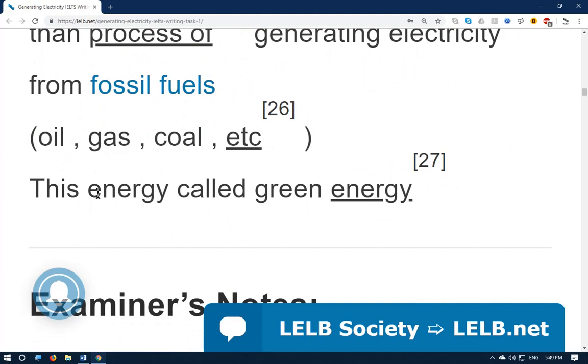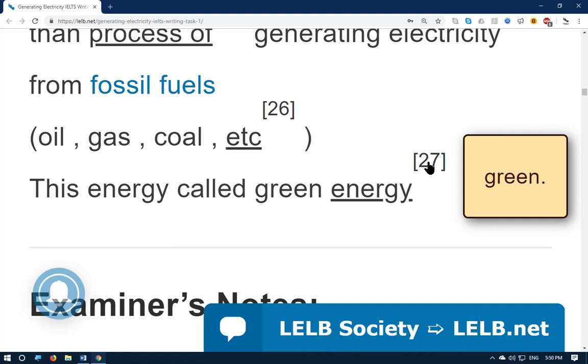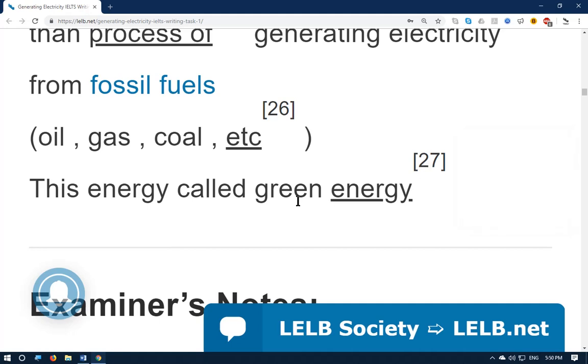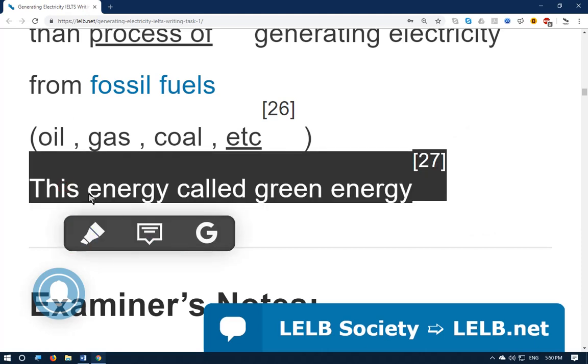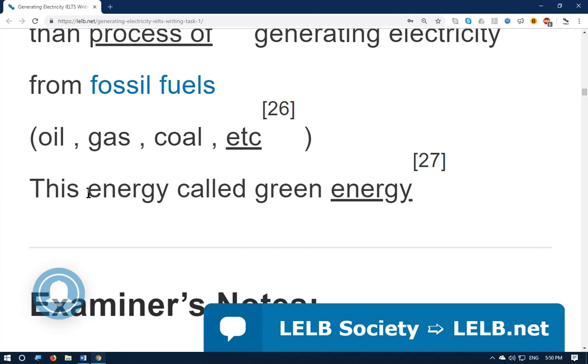At the last paragraph, the energy called a green energy without any period, so it must be at least green with a dot. And again, actually this paragraph again is irrelevant, quite irrelevant, and it should be avoided too. And remember, your concluding paragraph, if there is any, should be the last paragraph, and you should not add any other paragraph after your concluding paragraph.